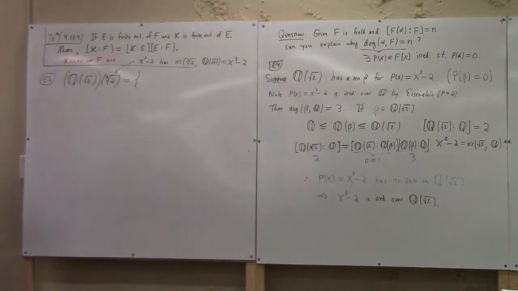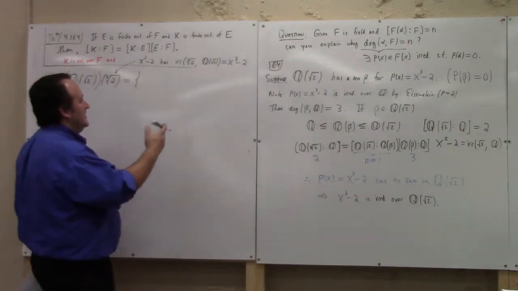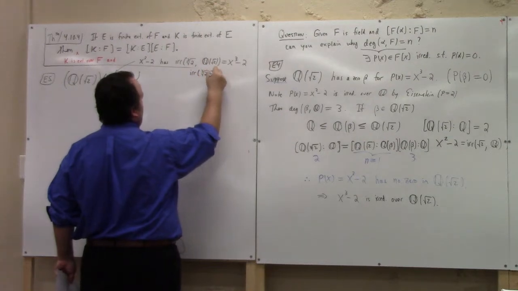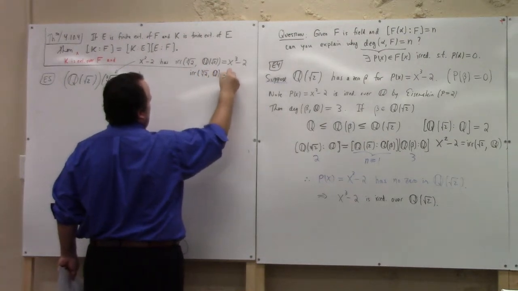It's also true that the irreducible polynomial for the cube root of 2 over the rationals is still x cubed minus 2.